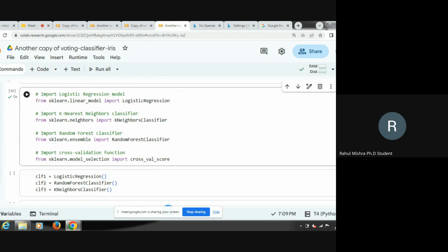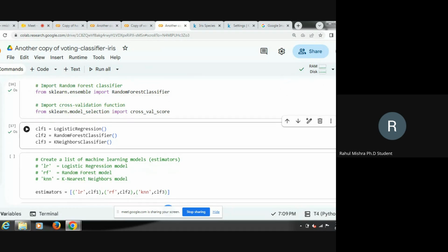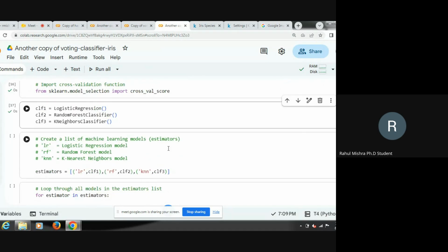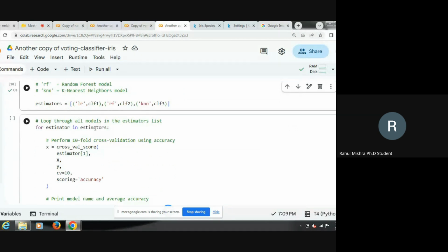Let's see how they work in this case to differentiate these images that are very similar to each other. We are making a list of machine learning model estimators in which logistic regression is represented by LR, random forest by RF, and k-nearest neighbor by KNN. These are the objects related to the models, and we are performing cross validation so that we can get the best result.